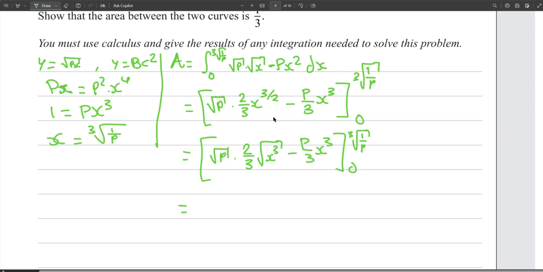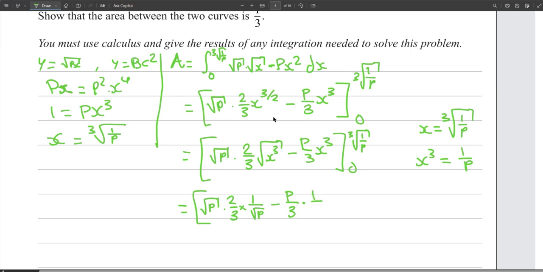So substituting x equals the cube root of 1 on p will give the square root of p times 2 on 3, and then x cubed is just 1 on p, so times the square root of 1 on p, or 1 on root p, minus p on 3 times, now remember that x is the cube root of 1 on p, therefore x cubed is just 1 on p, and so times 1 on p.